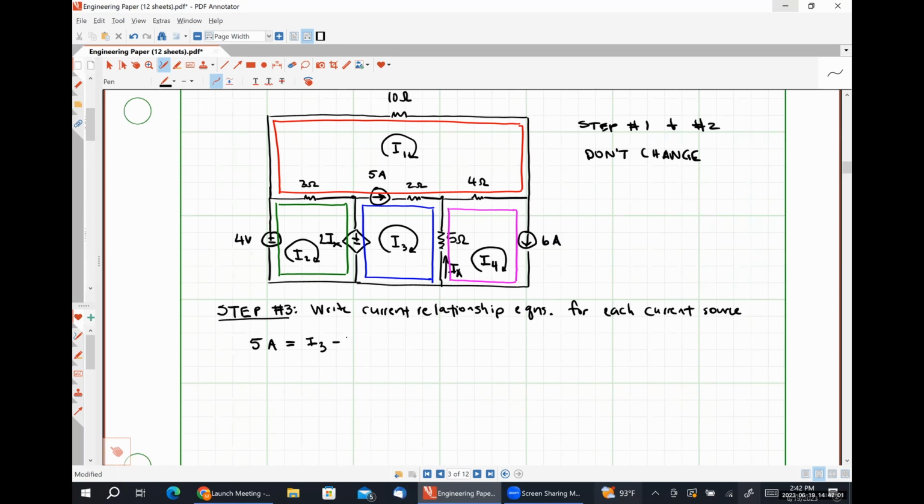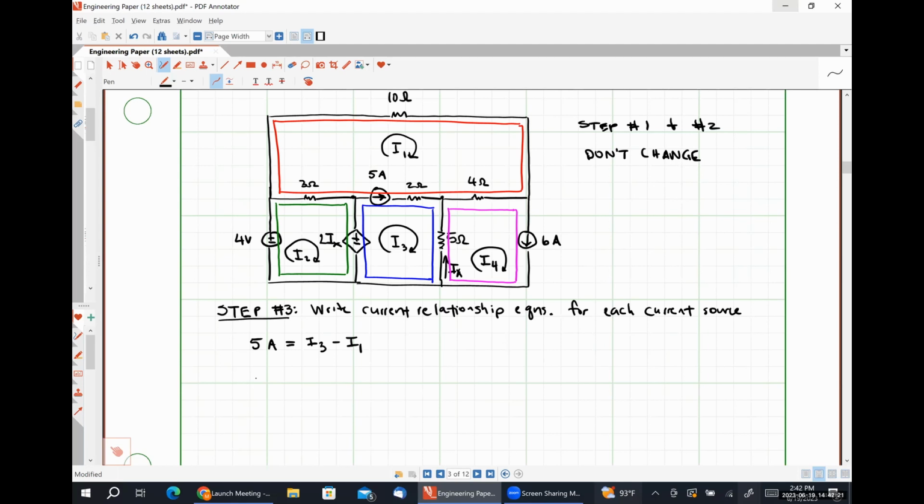So I'm going to have minus I1. So 5 amps will be equal to I3 minus I1 because once again, I3 is in the same direction as the current source and I1 is in the opposite direction as the current source when those mesh currents flow around their clock.